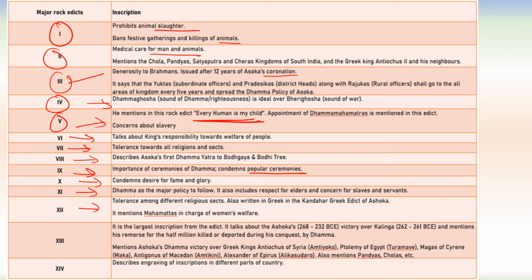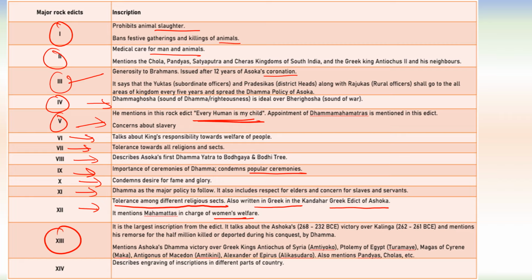12. Tolerance among the different religious sects, also written in Greek in the Kandahar Greek edict of Ashoka. So this is about tolerance among different religious sects. It also mentioned the Mahamatas in charge of women's welfare. Now 13 is very important. It is the largest inscription from the edicts.